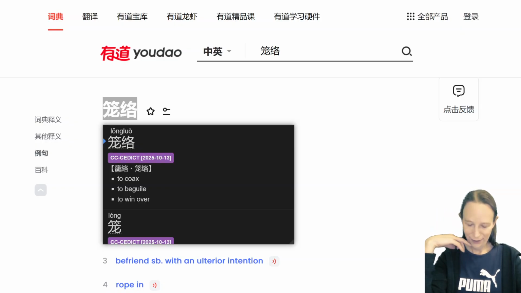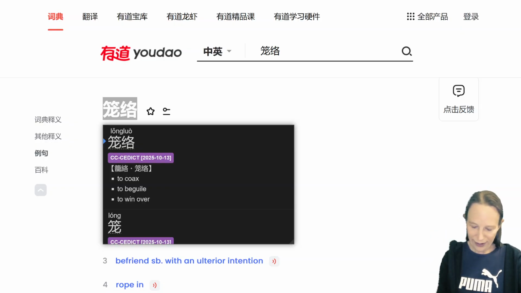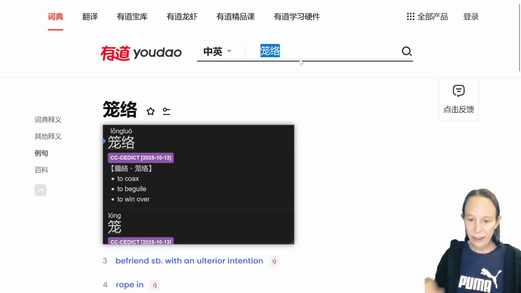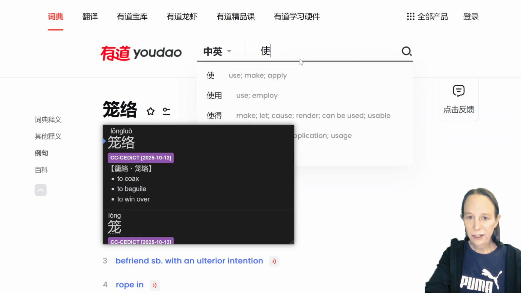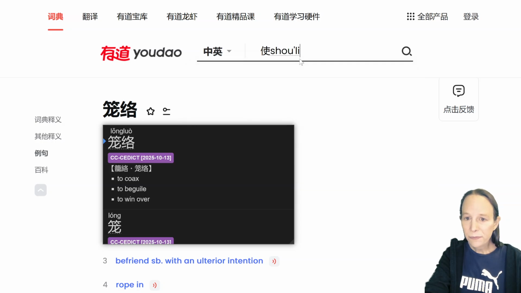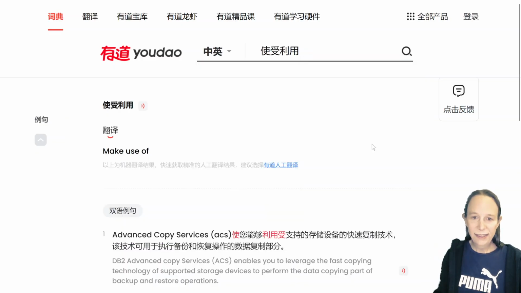So we're coaxing someone by use of financial assets. 利用, what does this mean?